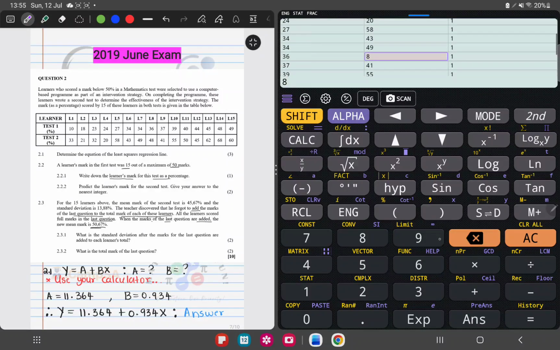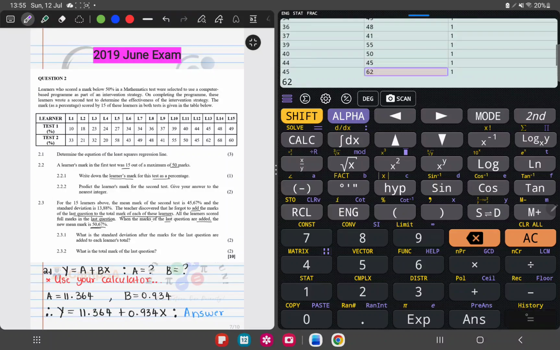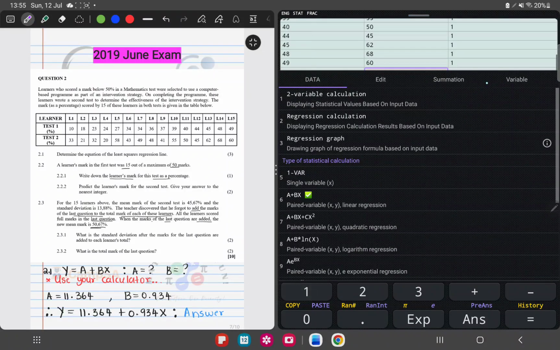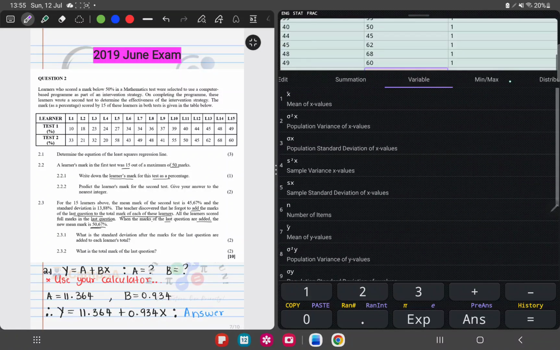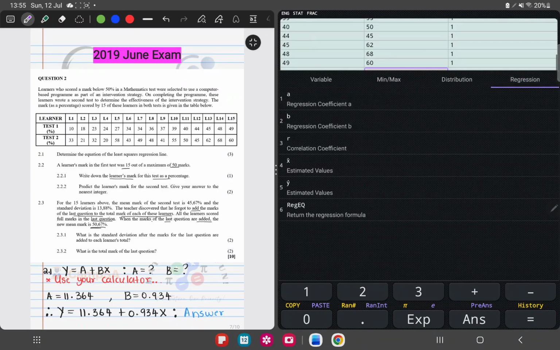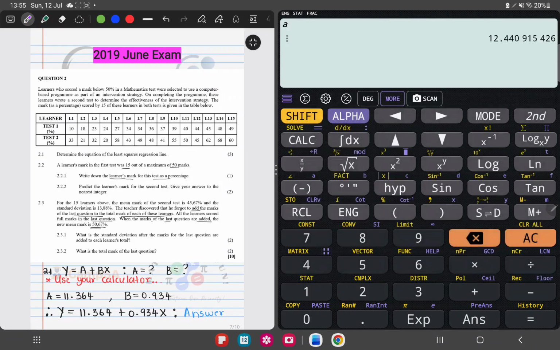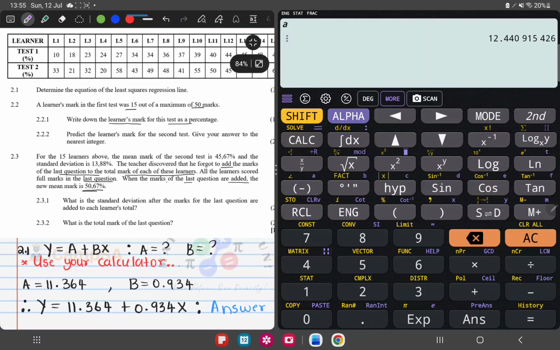This here should be 48, then we step over all of these until the last one. Let's try again. Looking at regression A, if you look carefully, now I'm getting a different A value.